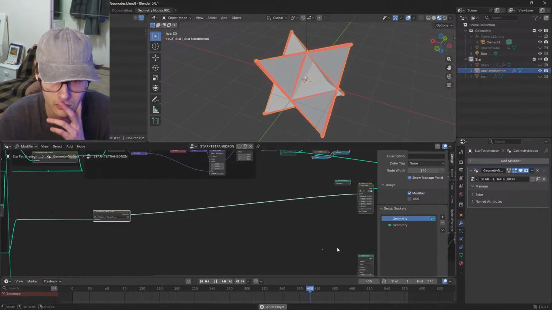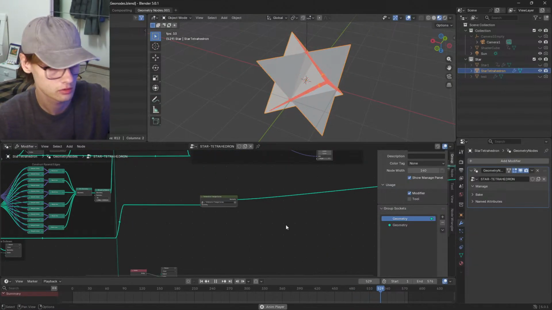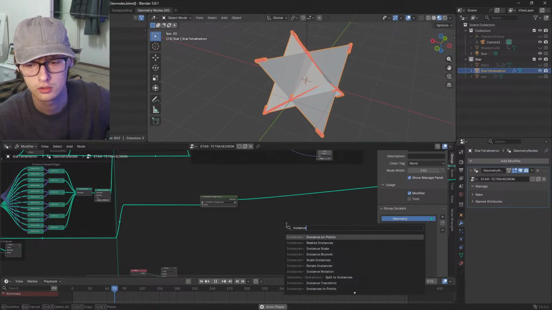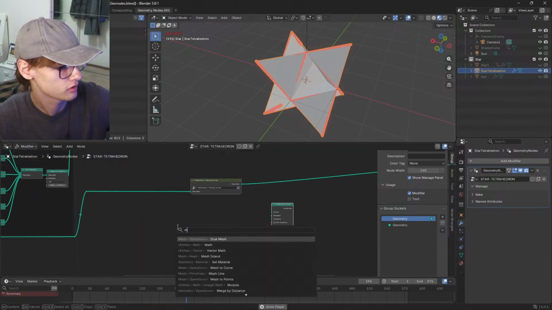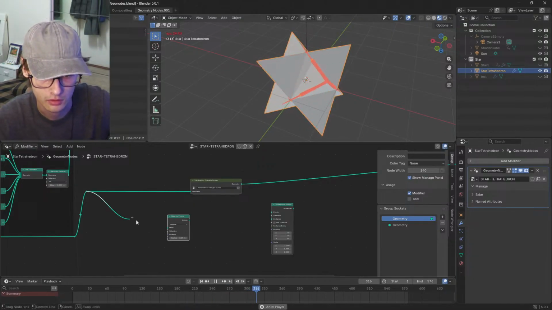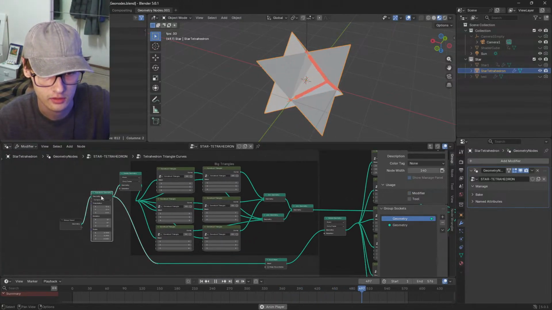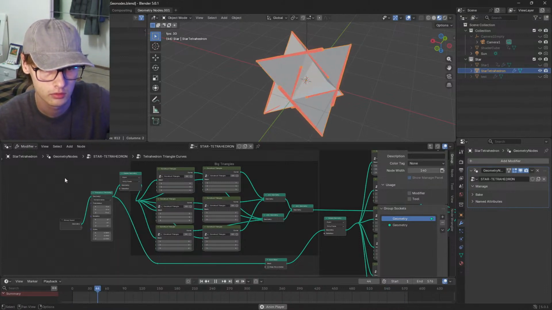So, yeah, about instancing those circles. There's a thing I can do called instance on points. And if I do mesh to points on this, which is just a cube, oh, I need to take this out of the node group.